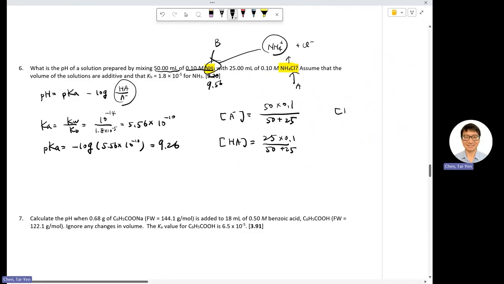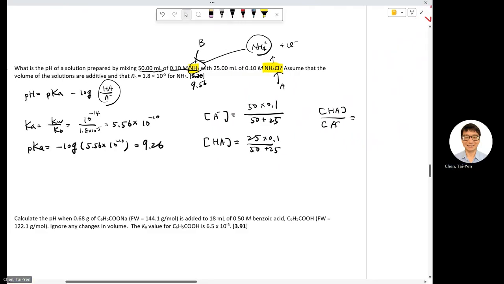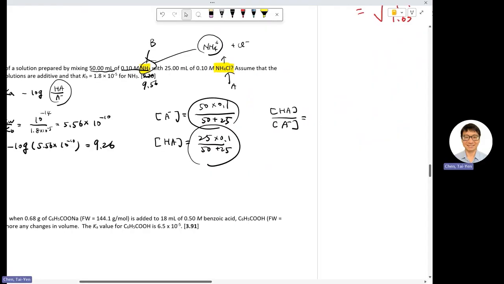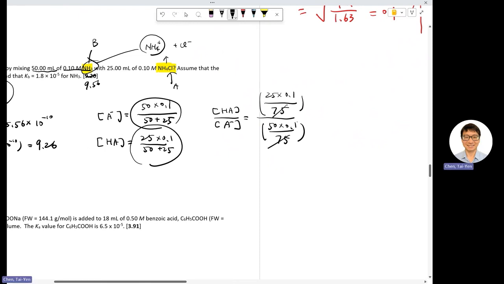So the acid over base equals 25 times 0.1 divided by 75 for the acid, and 50 times 0.1 divided by 75 for the base. This will cancel out, so you end up with just 1/2.